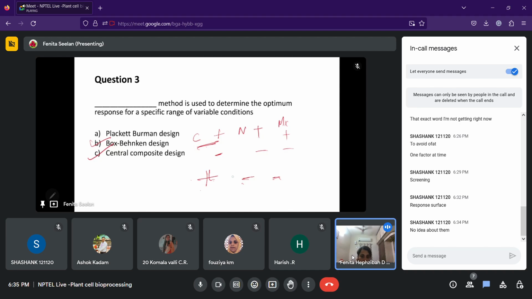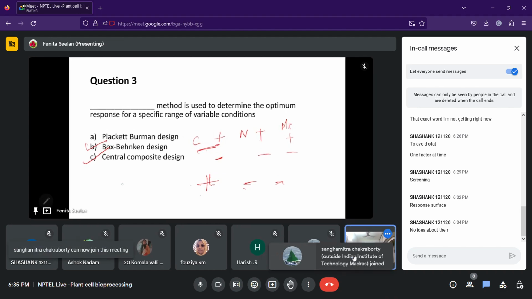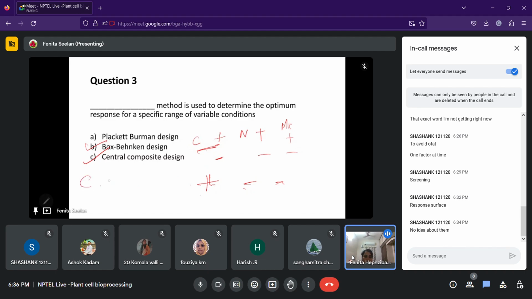That is the idea. So you will first screen out which are the important factors which are positively impacting your cells to grow or production. So from this Plackett-Burman, I might have come to a conclusion that okay, my carbon source is important, my nitrogen is important, and my micro is important.